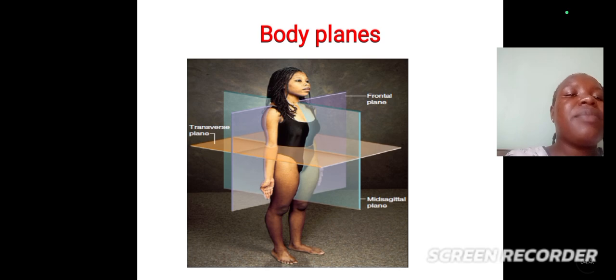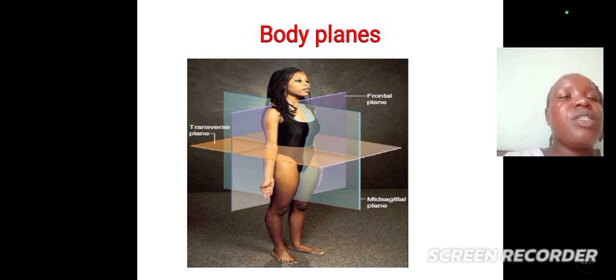Like we say, this is a plane that divides the body into superior and inferior at different levels. You can see that plane runs horizontally. You can call it a transverse plane, a horizontal plane, or a cross-section plane.